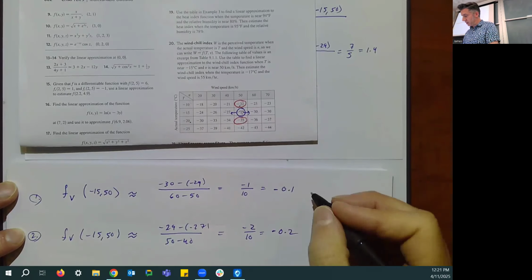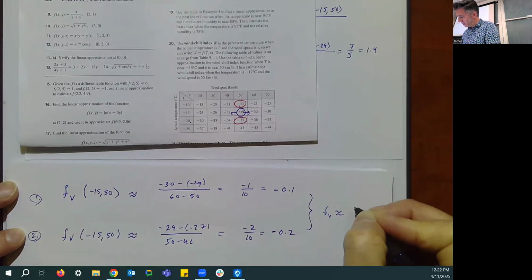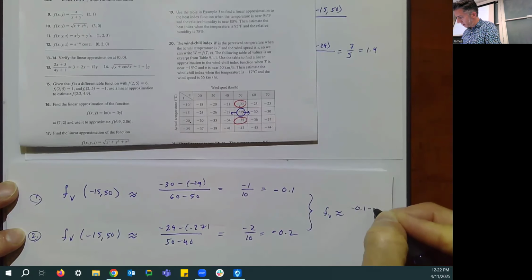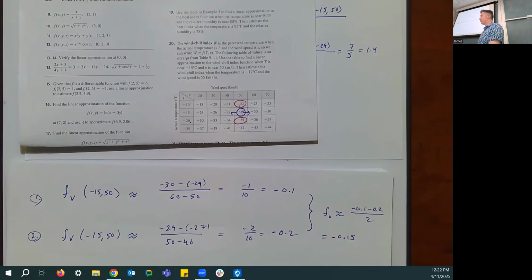And if we average those together, we're going to say that f_v is approximately negative 0.1 plus negative 0.2 divided by 2, which is negative 0.15.